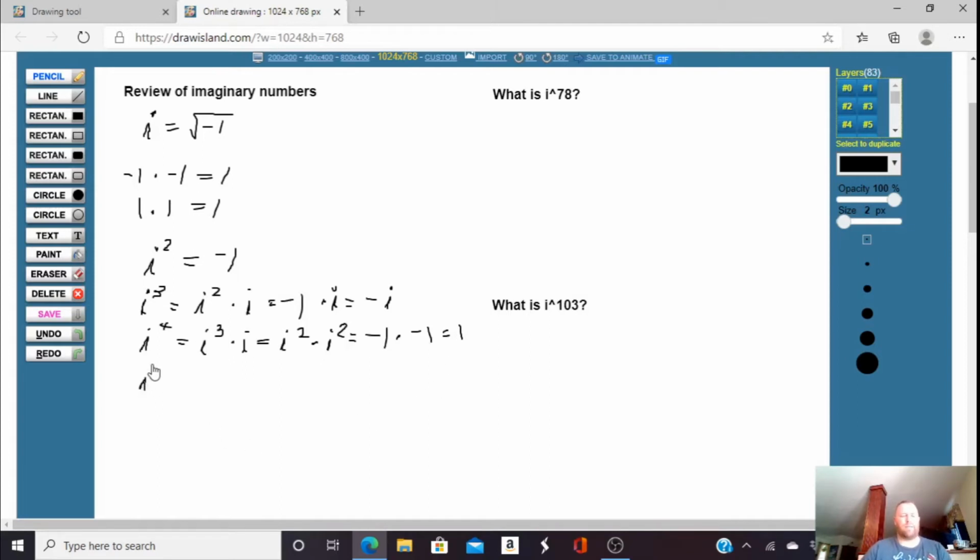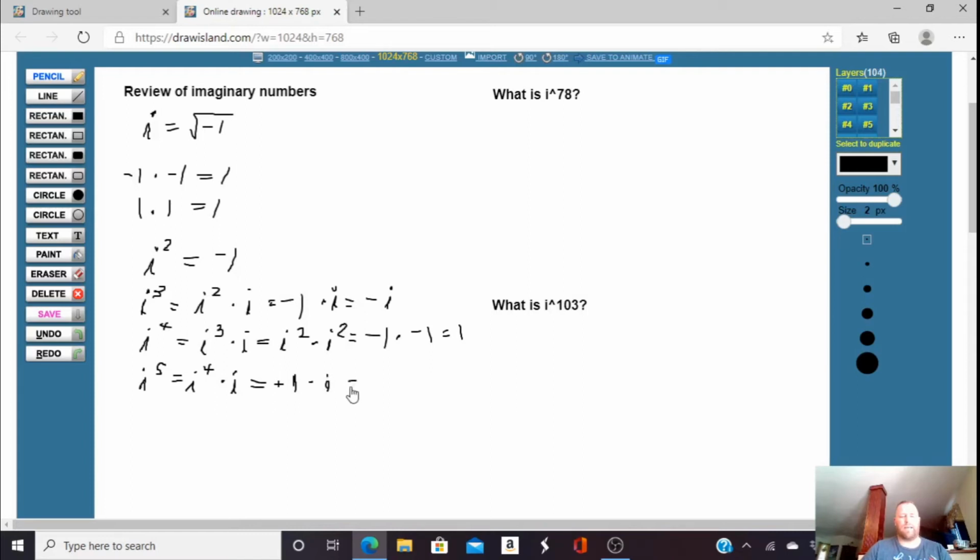i to the fifth equals i to the fourth times i, or +1 times i.